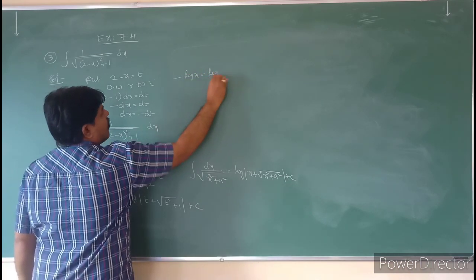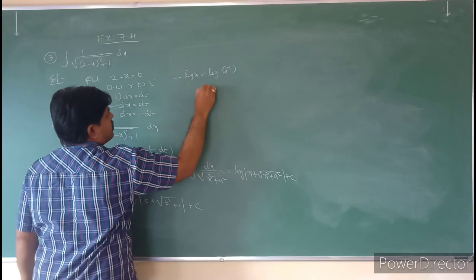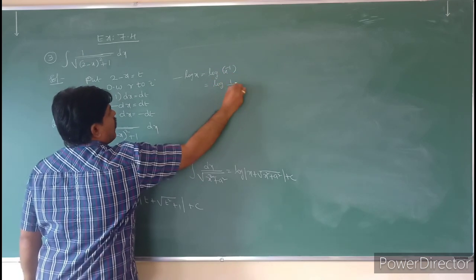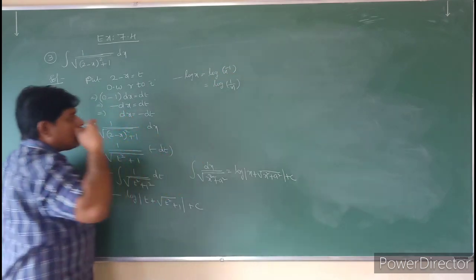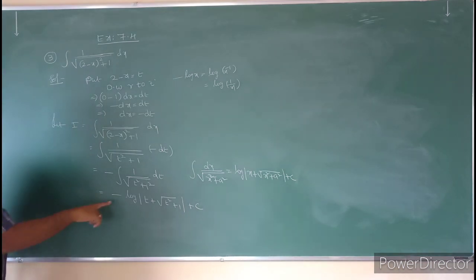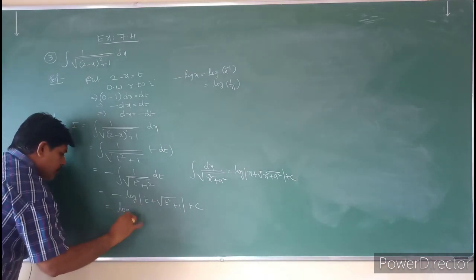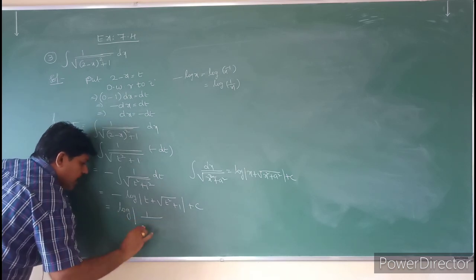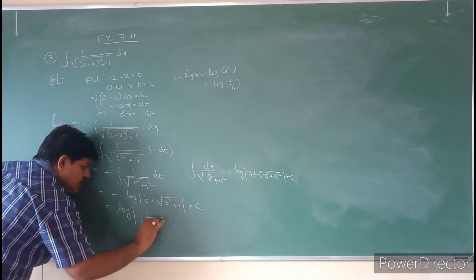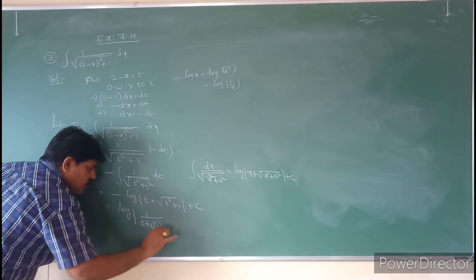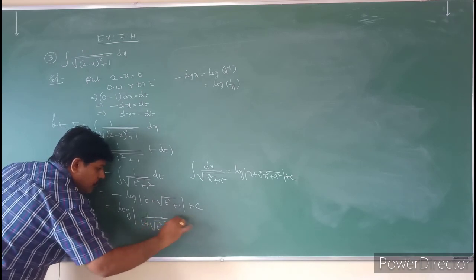That is nothing but log of x power minus 1, which is nothing but log 1 by x. So if you apply the mod, it will become 1 by t. So what happens? Log of mod 1 by t plus root of t square plus 1, plus c.